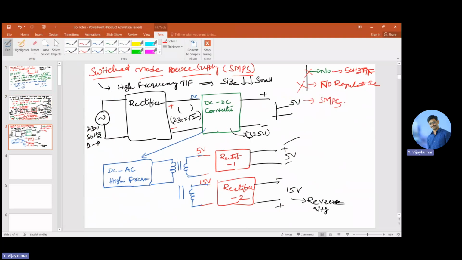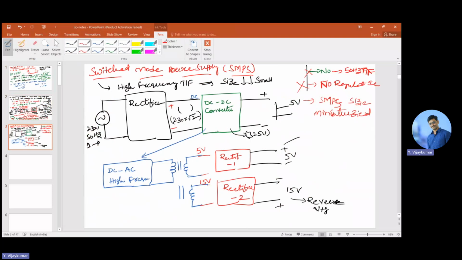That's why if you observe, the RPS available in the lab is very huge compared to the SMPS that we are using in personal computers. So the SMPS is miniaturized because of all these features.